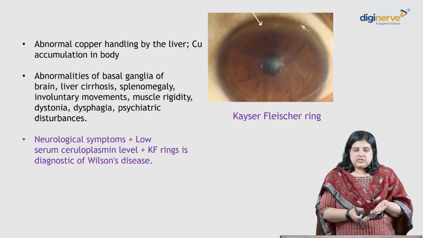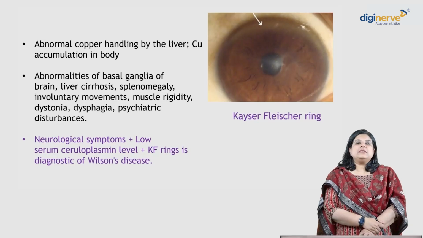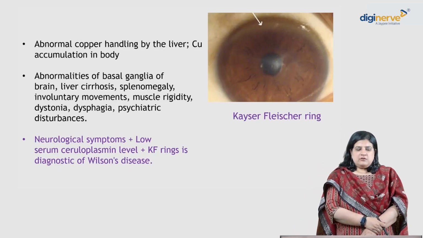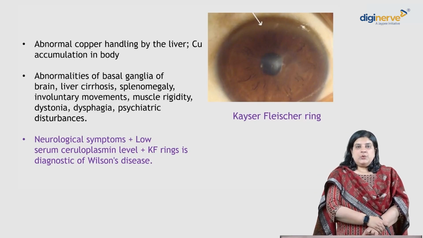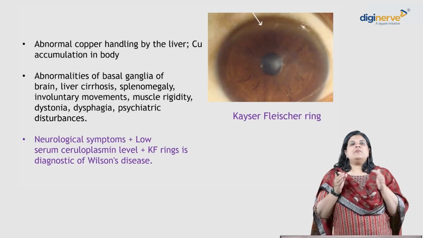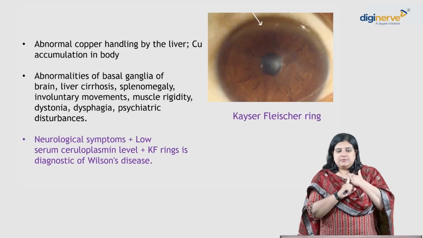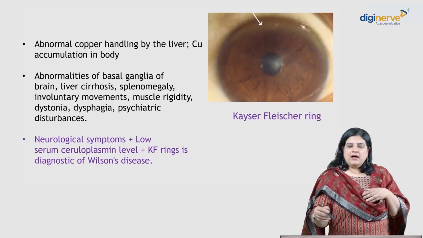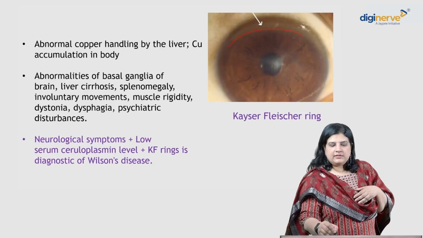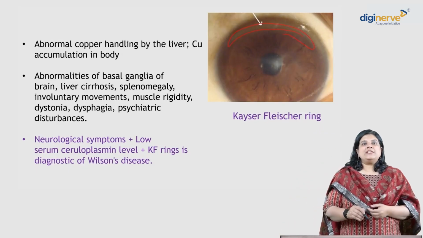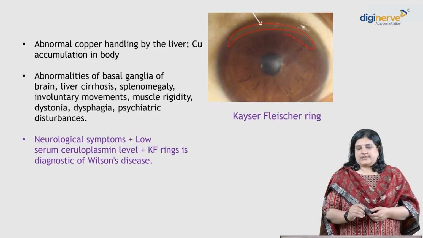There can be associated splenomegaly, and this can result in involuntary movements in the patient, muscle rigidity, dystonia, dysphagia, and certain psychiatric disorders. So if you have a patient with neurological symptoms, low serum ceruloplasmin levels, and a brown ring in the perilimbal area, which is the Kayser-Fleischer ring, this is quite diagnostic of Wilson's disease.